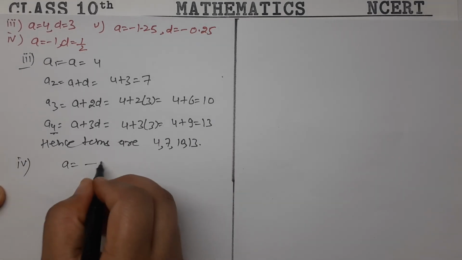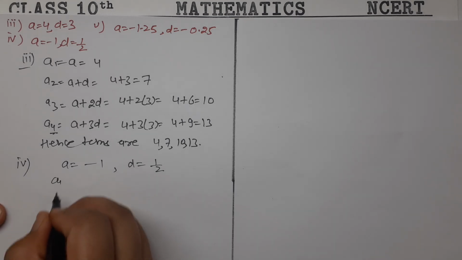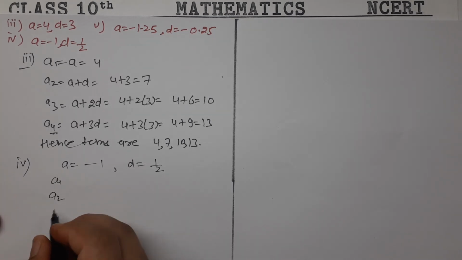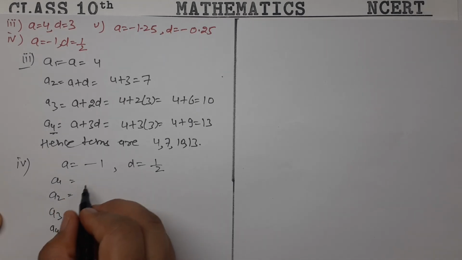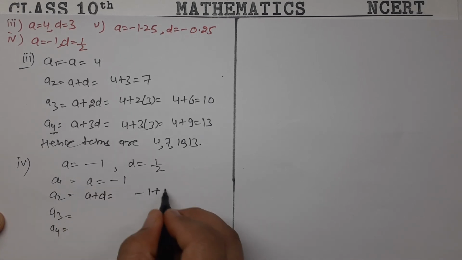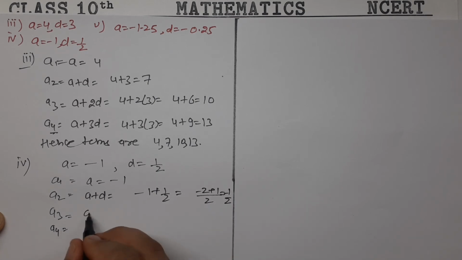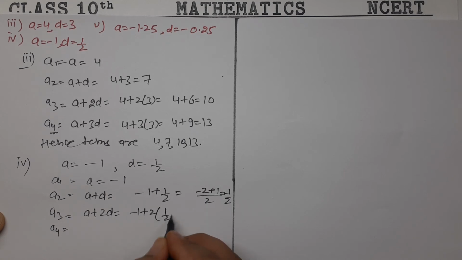Fourth part. A is minus 1, D is 1 by 2. To find A1, A2, A3, A4. A1 is A, minus 1. A2, A plus D, it makes minus 1 by 2. A3, A plus 2D, makes 0.